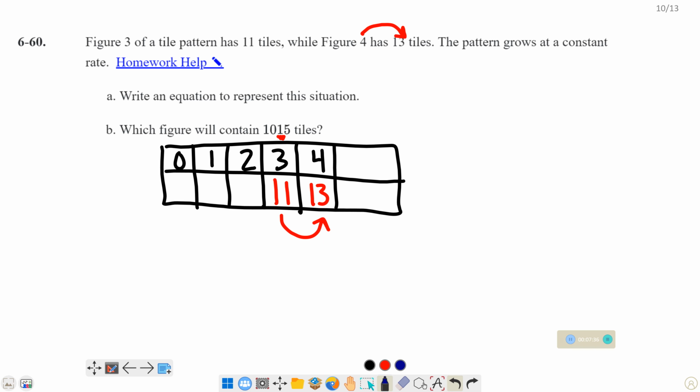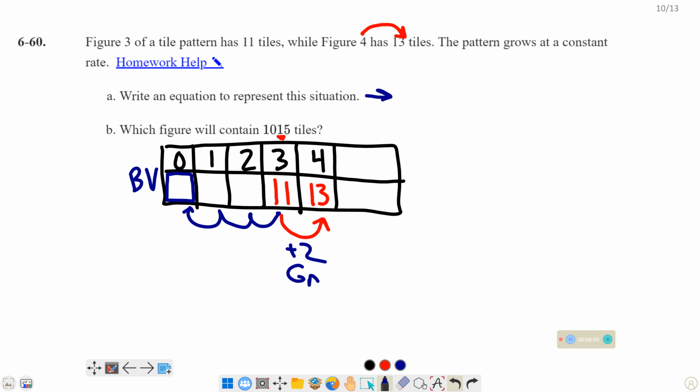I notice that this graph has a growth of 2. You need to count back so that you can find the beginning value. Once you know the beginning value and the growth, you can answer question A.